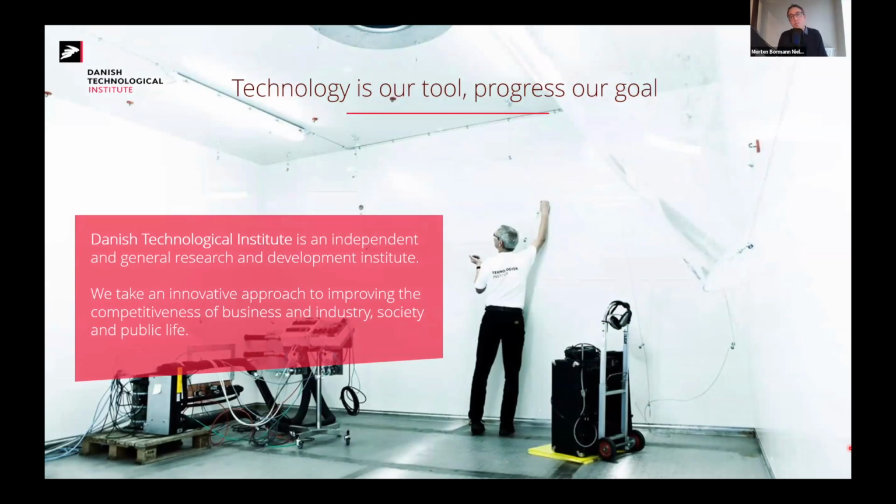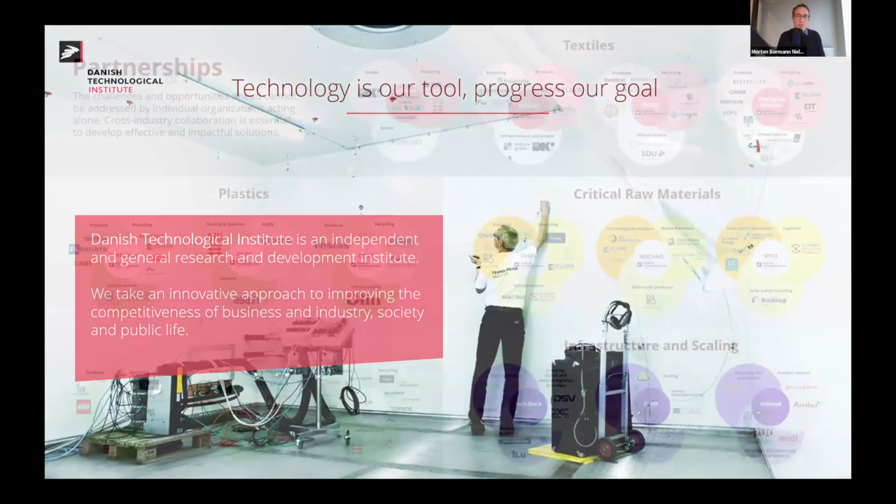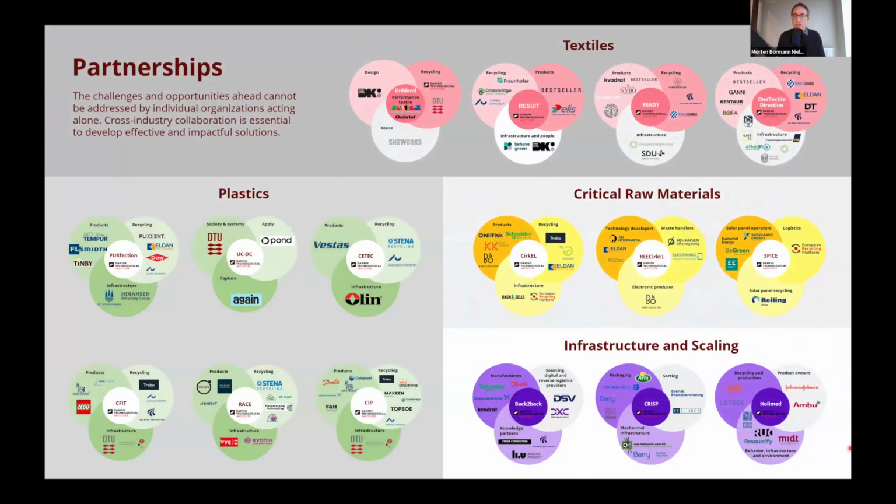We do this mostly focused on the Danish industrial sector, of course, but we collaborate with a lot of companies. In the business unit where I work, we mainly focus on implementing the green transition in practice. So lots of materials recycling within plastics, textiles, critical raw materials like rare earth metals and so on. And we typically do this in large consortia of companies like some of the ones shown here.